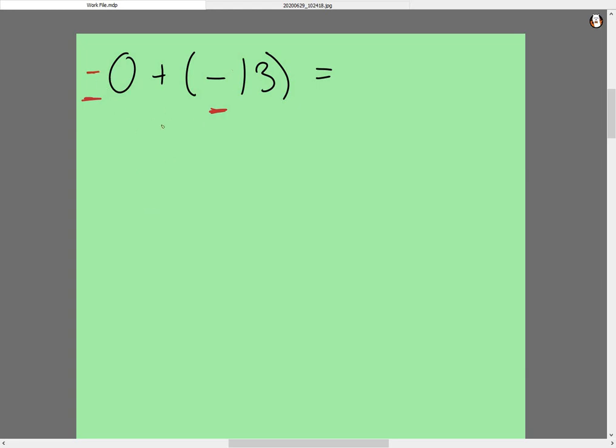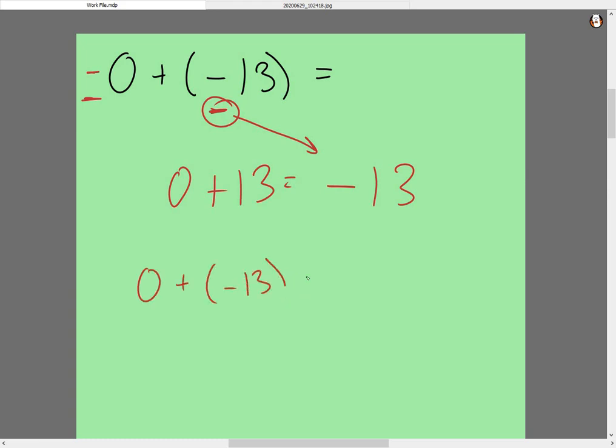So just for ease, we'll say it's a negative 0. So both of these are negative, so I'm going to add the numbers together, and then bring down the negative, because they're both negative. So 0 plus negative 13 equals negative 13.